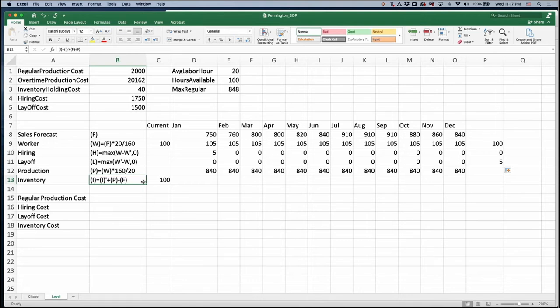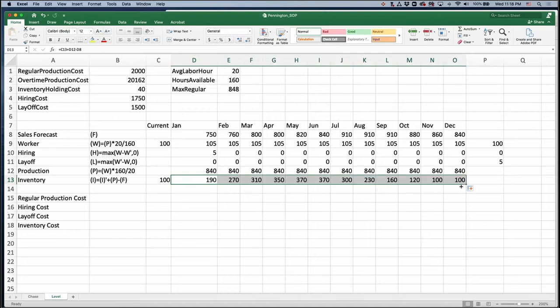That means we have this beginning inventory plus your production minus your sales. That is inventory, right? And we can drag this quantity, and finally the inventory level is 100. So you can finish this 100.